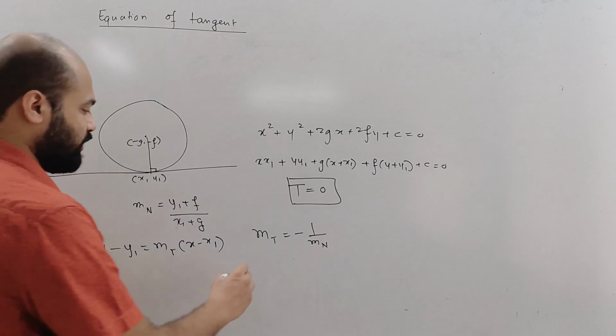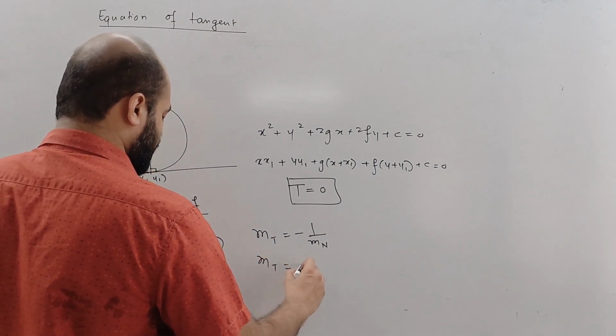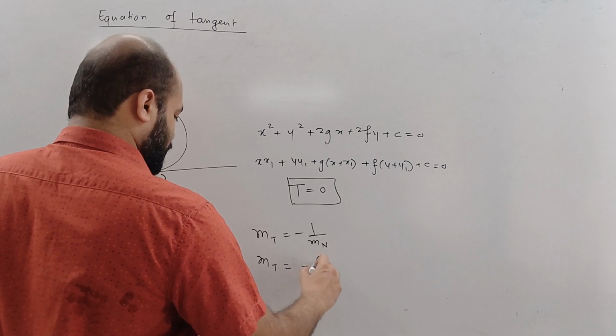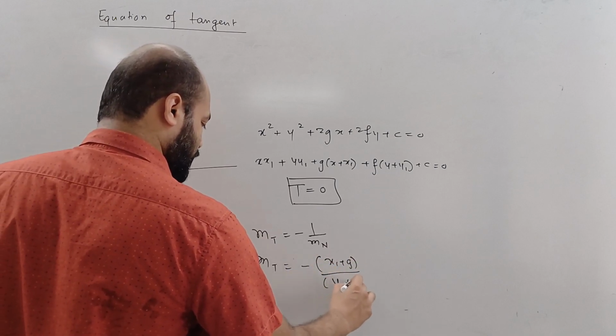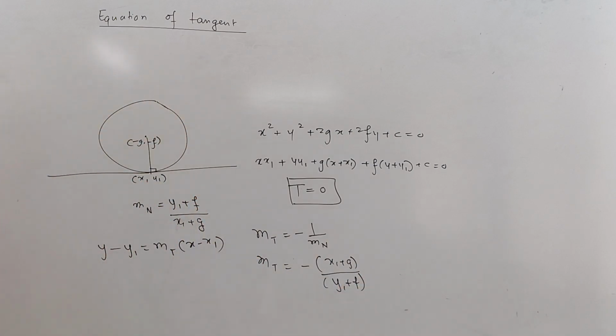That means the slope of the tangent is going to be minus of x1 plus g divided by y1 plus f. Using this as the concept, I'm going to substitute over here and we can definitely find the equation of the tangent that we want.